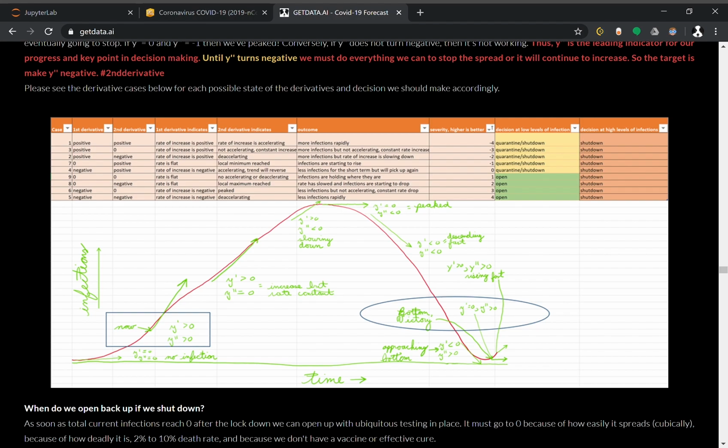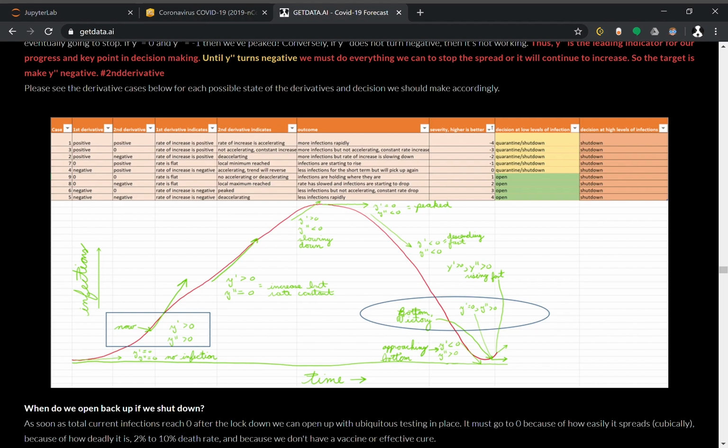a curve, and let's say this is deaths per day, or infections over time, but it can be whatever curve you want it to be. Let's just say that it's measuring something.